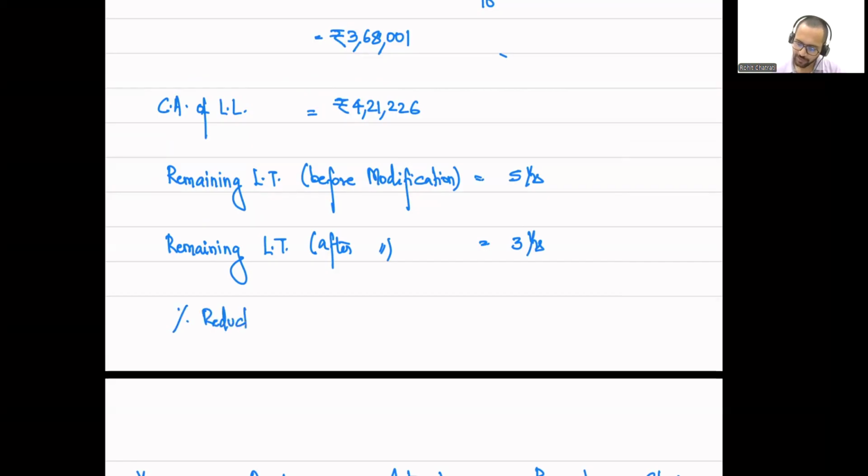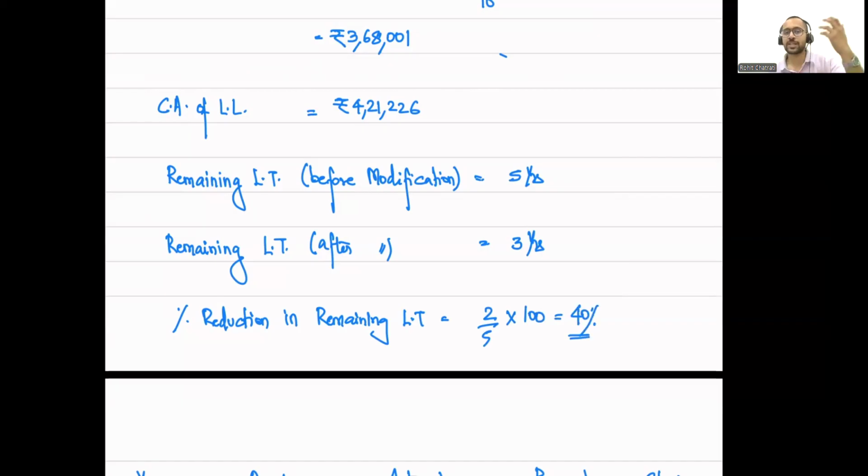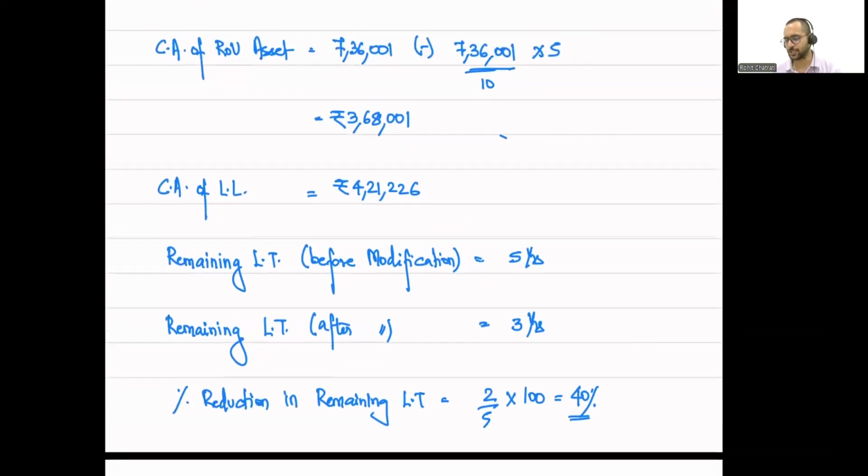The percentage reduction in remaining lease term is going to be 2 divided by 5 multiplied by 100. Unfortunately, we have the same 40 percent as in our illustrations earlier. So the percentage reduction in lease term is equal to 40 percent.